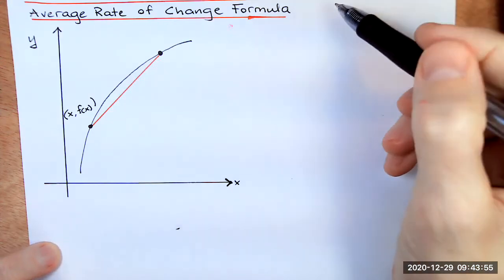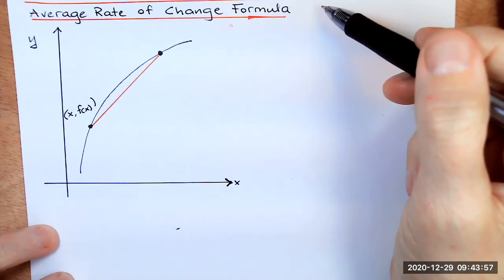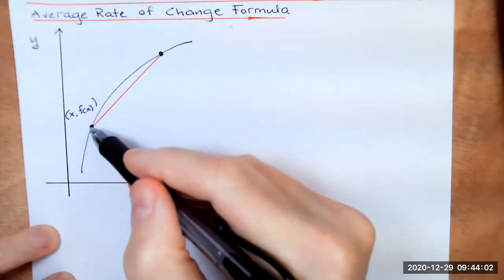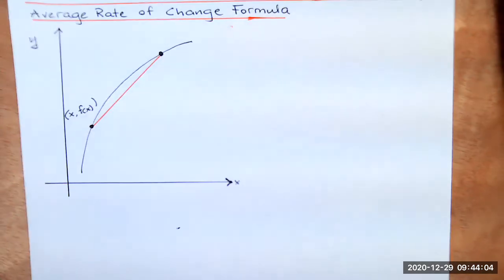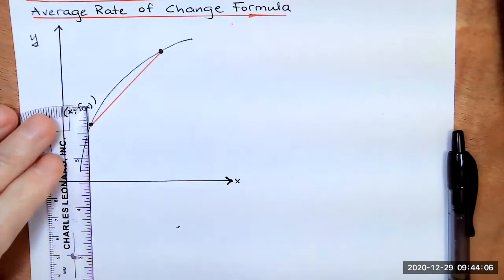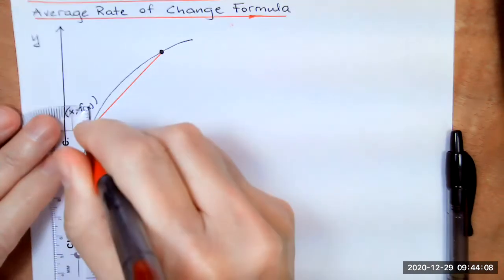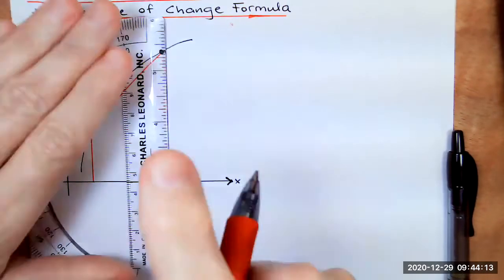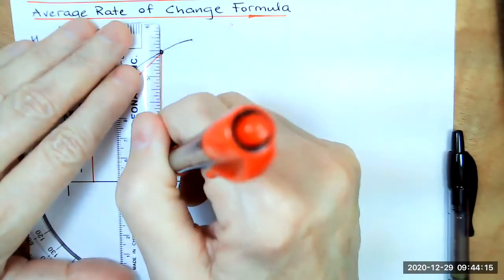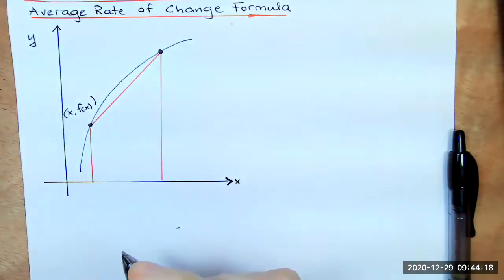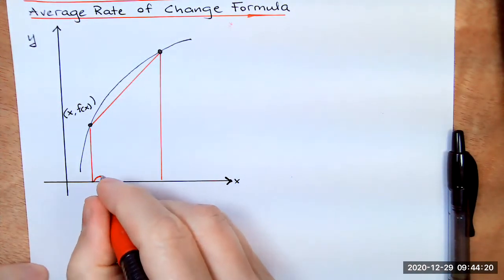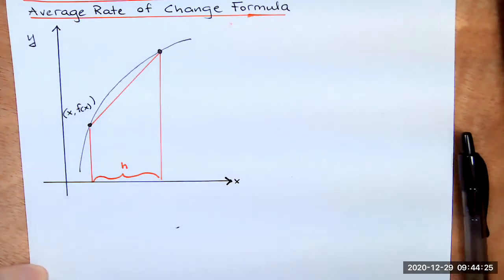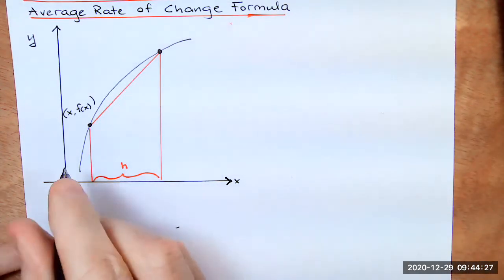All right, let's derive the average rate of change formula between 2 points on a function. So let's start with f of x at this point, x, and I'm going to go a little farther down the graph, and let's say we want to make that a distance of h so that we can change it.